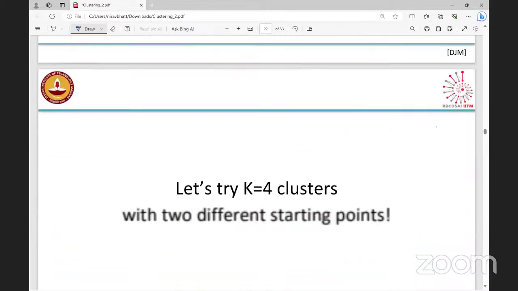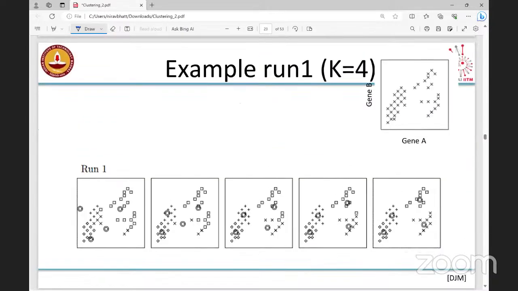If I do k equal to 4, what will happen? With the same procedure, I have four clusters like this, this, and this. So this gives you an idea that if I change the number of clusters, there will be different clustering of points. So k is one of the important hyperparameters, and finding the number of clusters is still a challenging task.